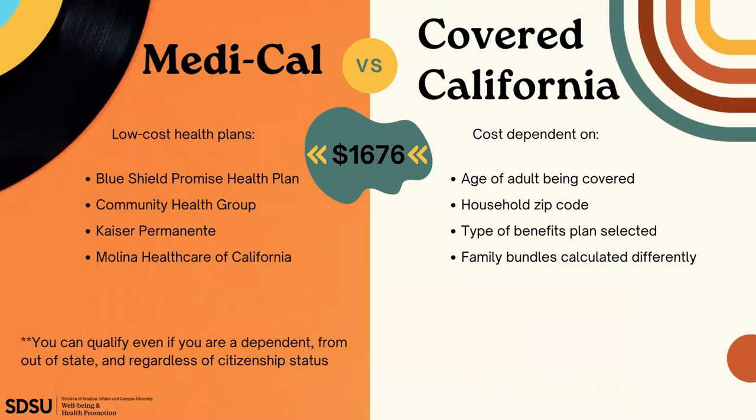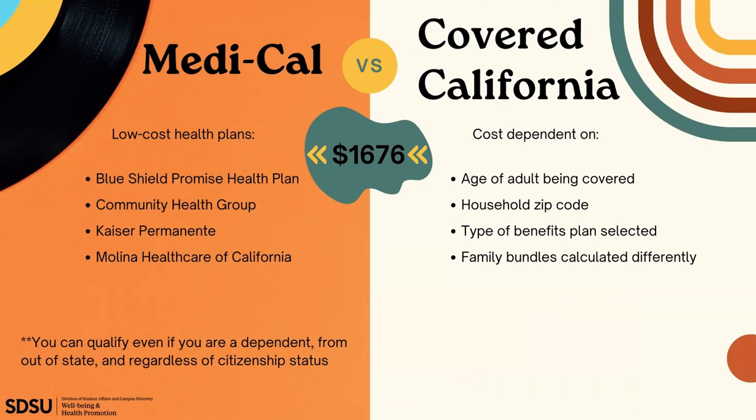If you make that amount or less, you would qualify for Medi-Cal, California's version of the National Medicare program. Once you qualify for Medi-Cal, you will be given the option to select a low-cost plan under the umbrella of Medi-Cal. Currently, there are 4 plans you can select from in California: Blue Shield Promise Health Plan, Community Health Group, Kaiser Permanente, and Molina Healthcare of California.